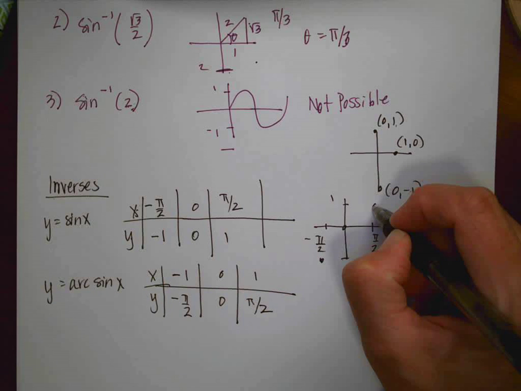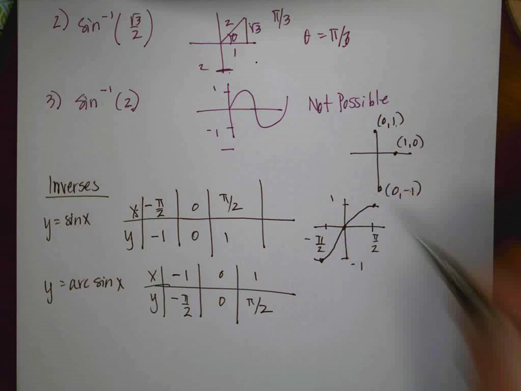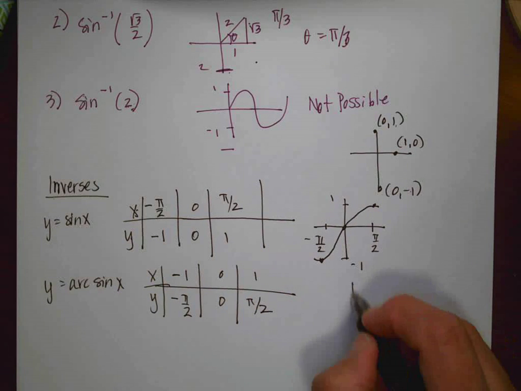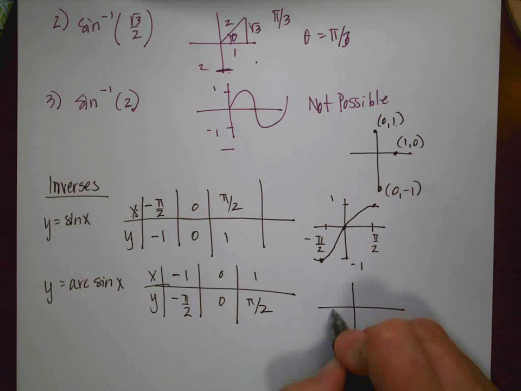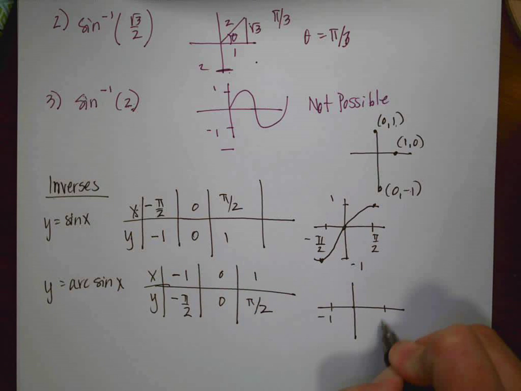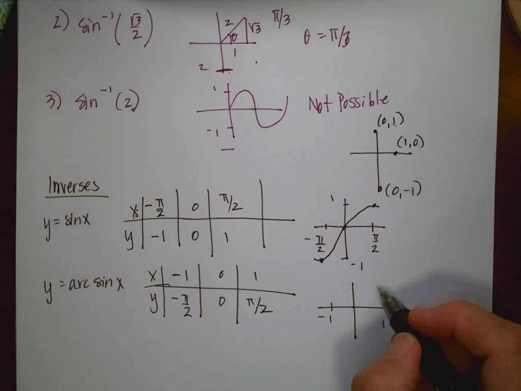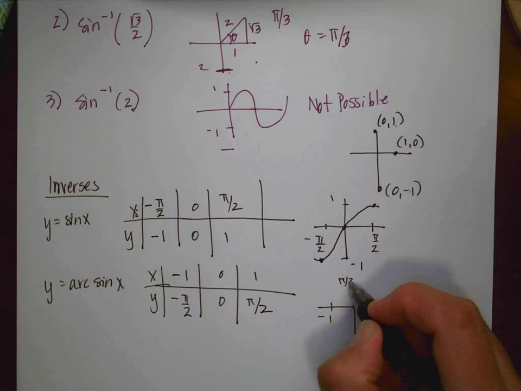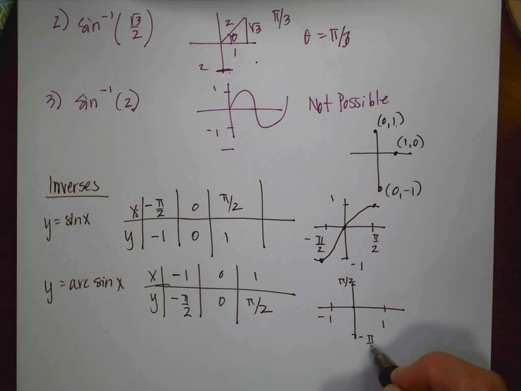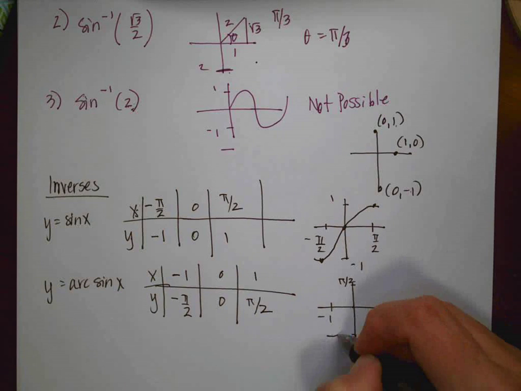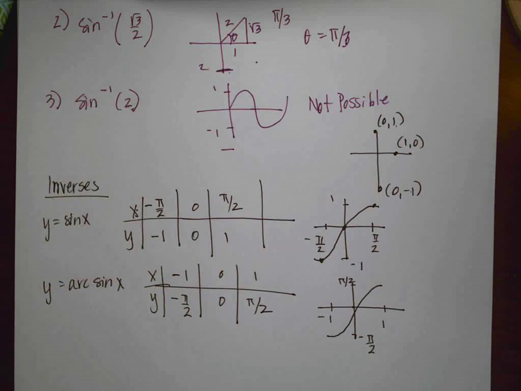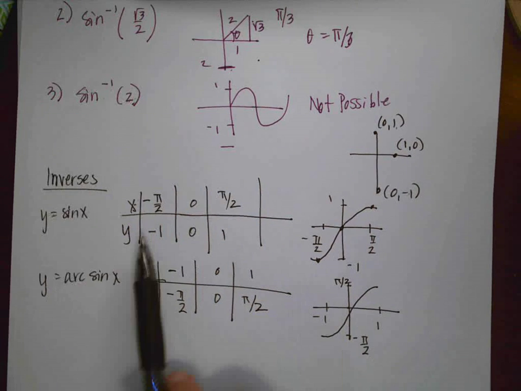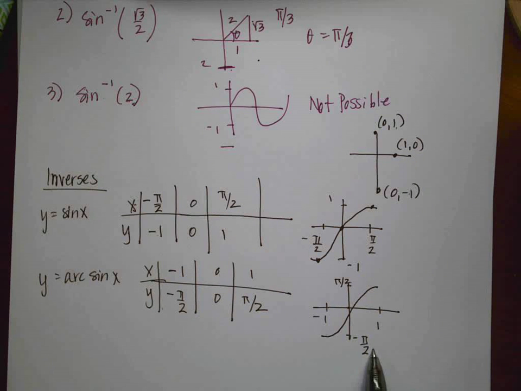So it would go from here, here, and here. So sine would look like this. But if I graphed arc sine, now I'm going from a negative 1, 0, 1, and then I would have pi over 2 and a negative pi over 2, and then my graph would go like this. So it's actually kind of interesting if we think about flip-flopping the points and then changing the graph.